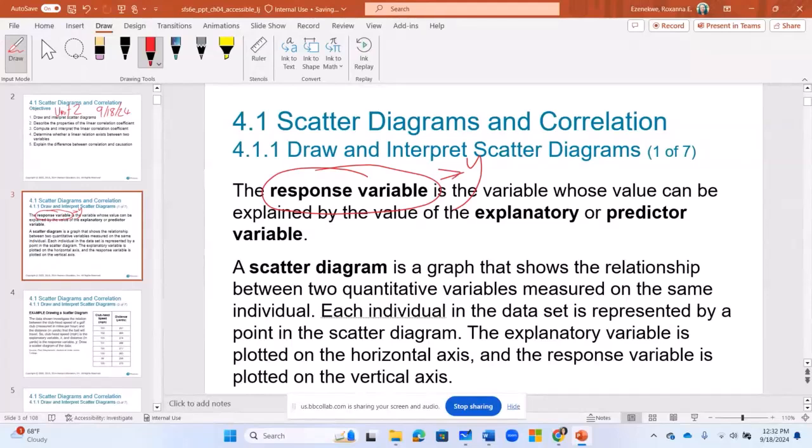And when you hear explanatory variable, it means x. So the independent variable is now the explanatory variable. We can also refer to the independent variable as the predictor variable. So x will be called the explanatory variable or predictor variable.